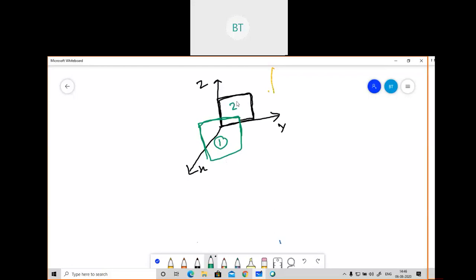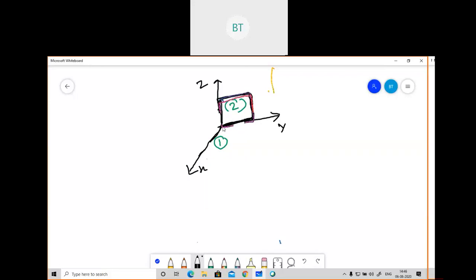Second was this one, this was our second surface. So now for this second surface, we solve the problem. The first we had already solved.